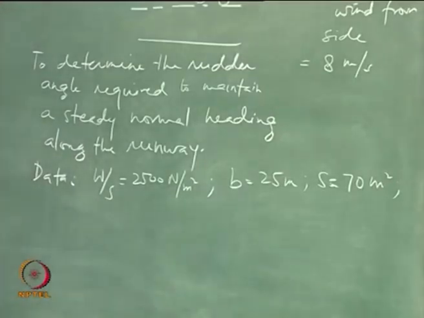To take off with no rudder, your velocity should be 1.2 times V stall.